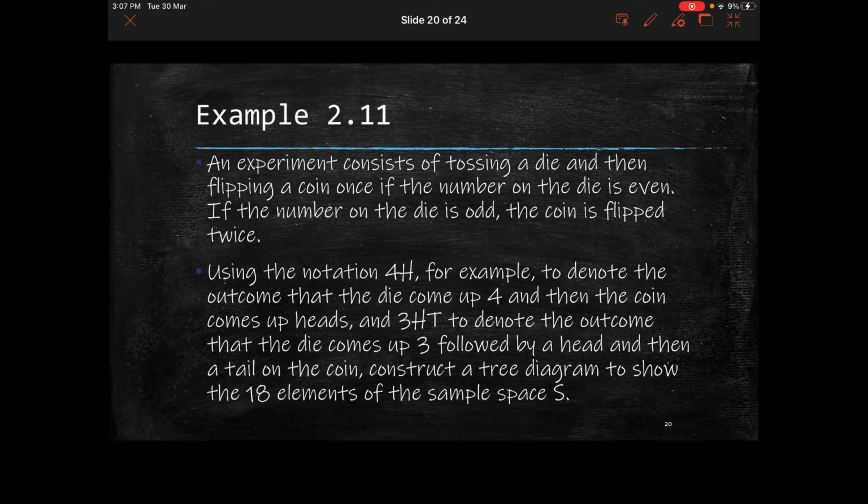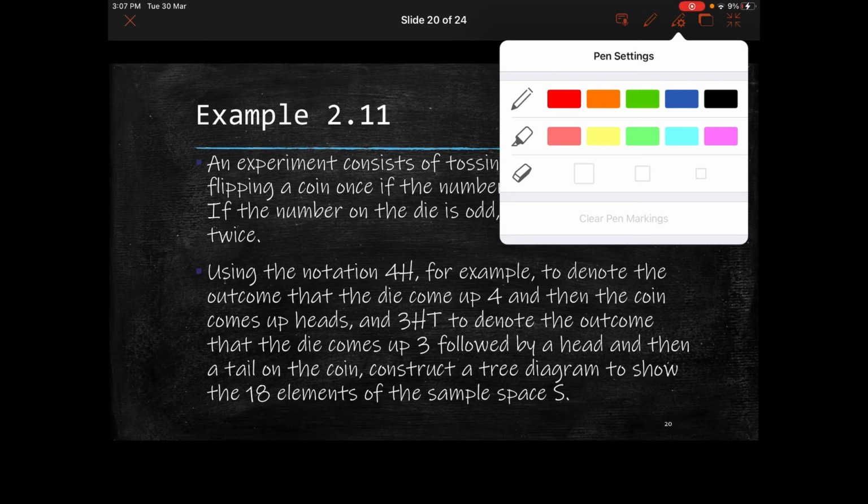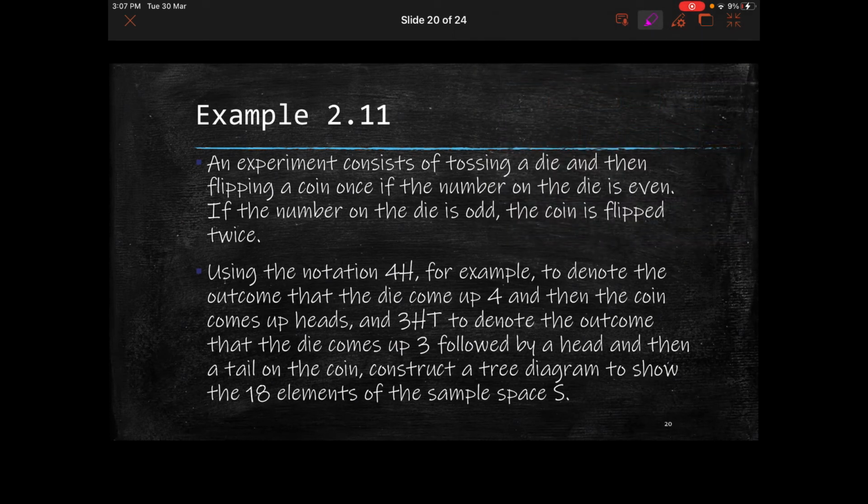Now let's see example 2.11. The experiment consists of tossing a die and then flipping a coin once if the number is even, and if the number is odd, you flip the coin twice. Using the notation H to denote heads, 3HT is the die comes up 3 followed by head and then tail.